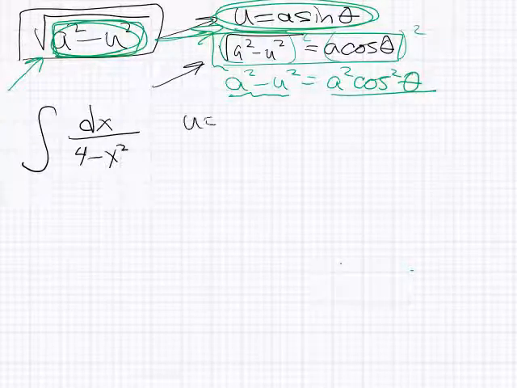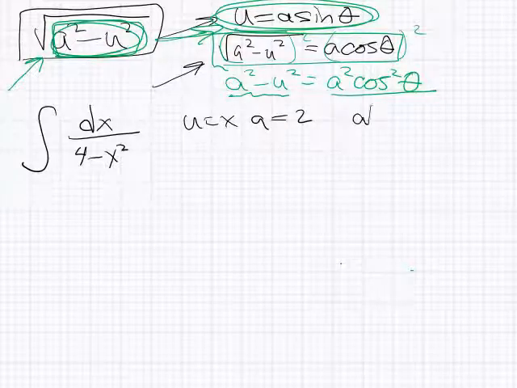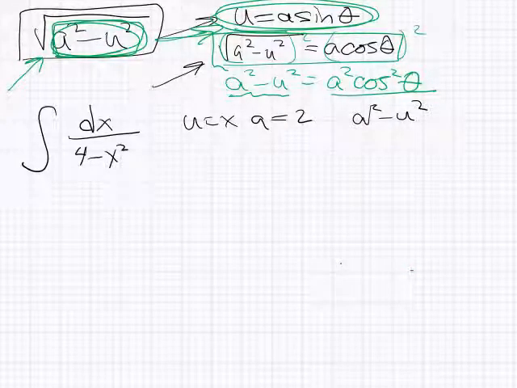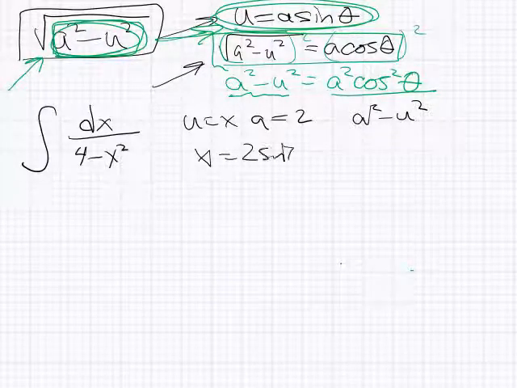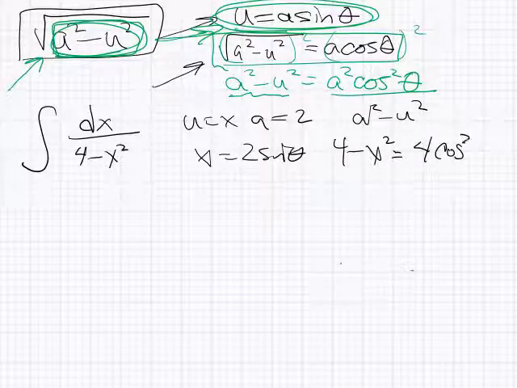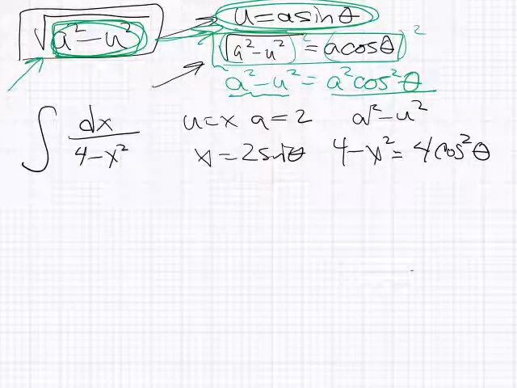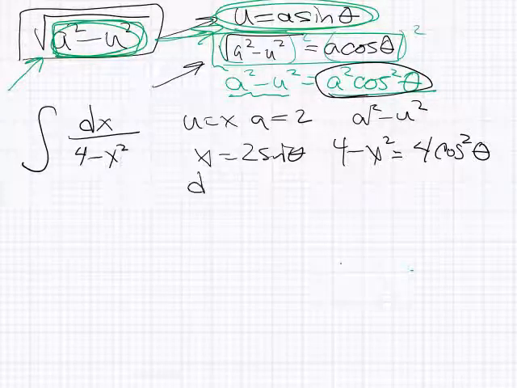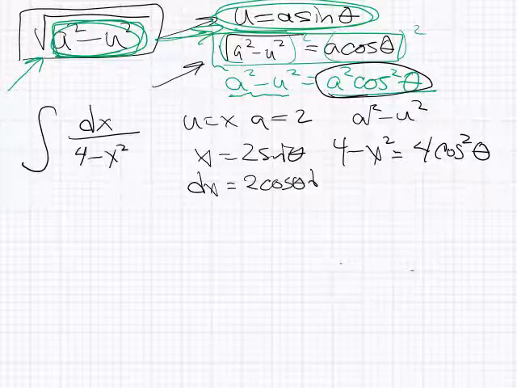If u is x and a is 2, then I have a squared minus u squared. And therefore, x should equal 2 sine theta, and 4 minus x squared should equal 4 cosine squared theta. Again, a squared cosine squared theta. dx would equal 2 cosine theta d theta.